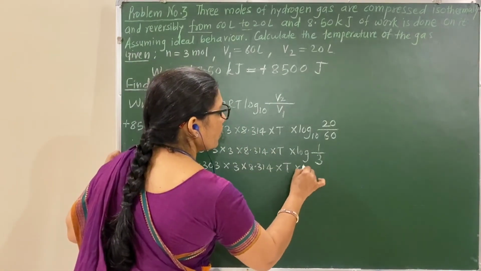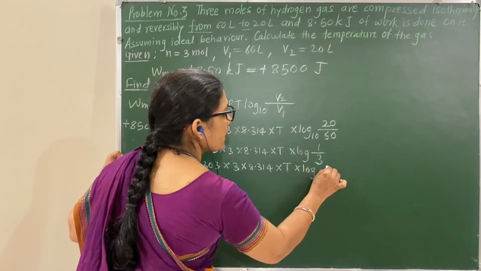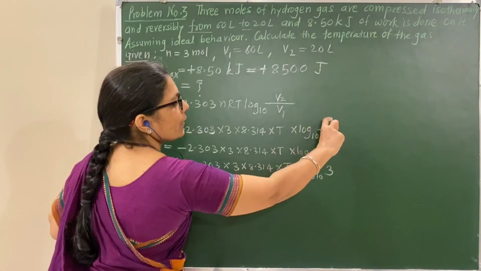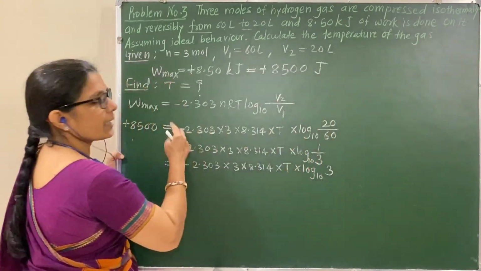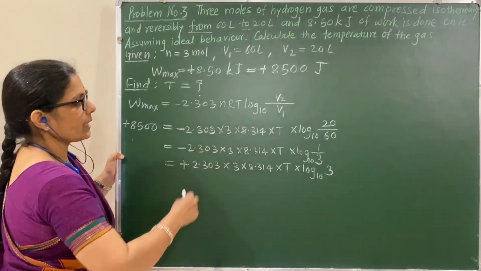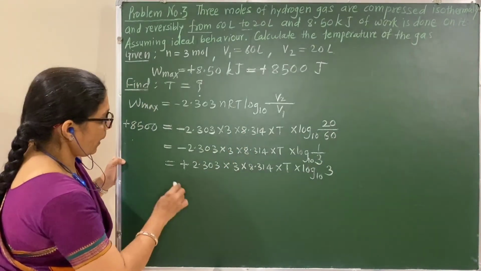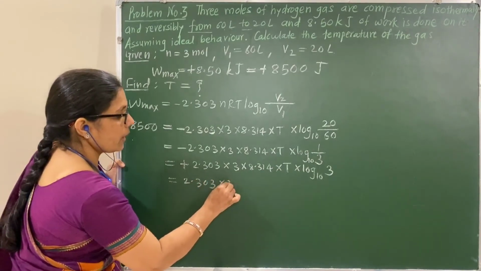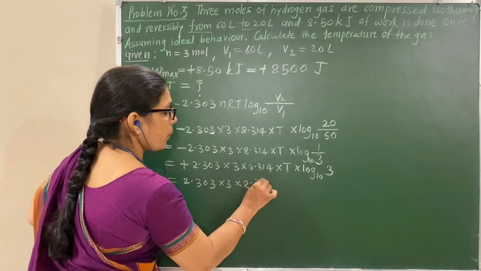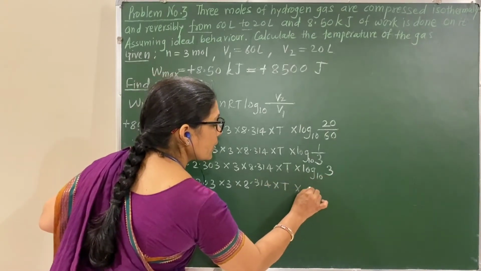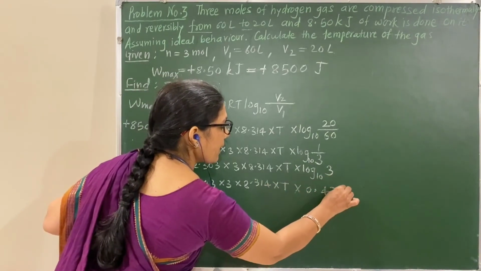Okay. Into log to the base 10, 3. That is, if you invert like this one here, then this minus becomes positive. Just if you solve by mathematics, that is the correct one. Okay. Now, first substitute the value of log 3 is 0.4771.